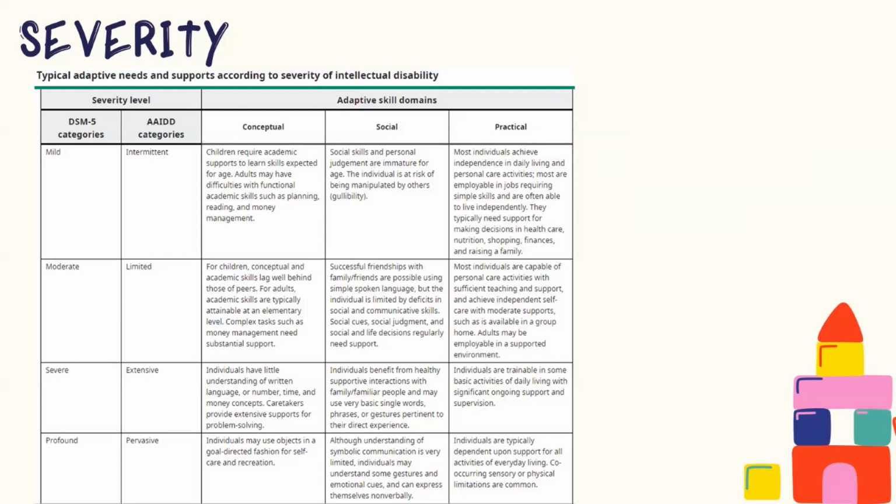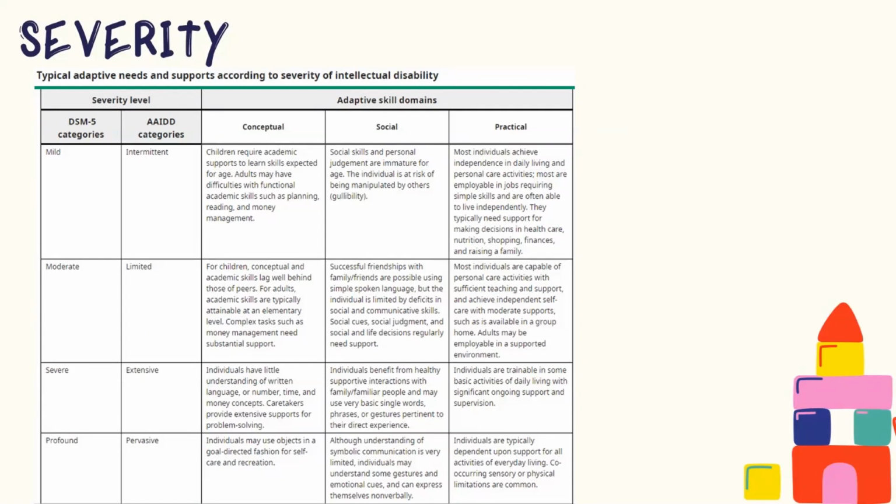The more severe it is, the more support they will require from their caretakers or guardian. For social, in mild, we see that they're able to interact with other people, but their judgment or social skill is very immature for their age compared to their peers.